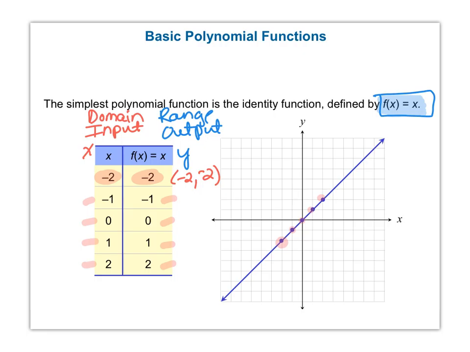Now, the x value is your input, your domain, your y values are your output, your range. And recall one way to remember those is the D for domain, I for input, X for X values, and the range is R, O for output, and those are your Y values.